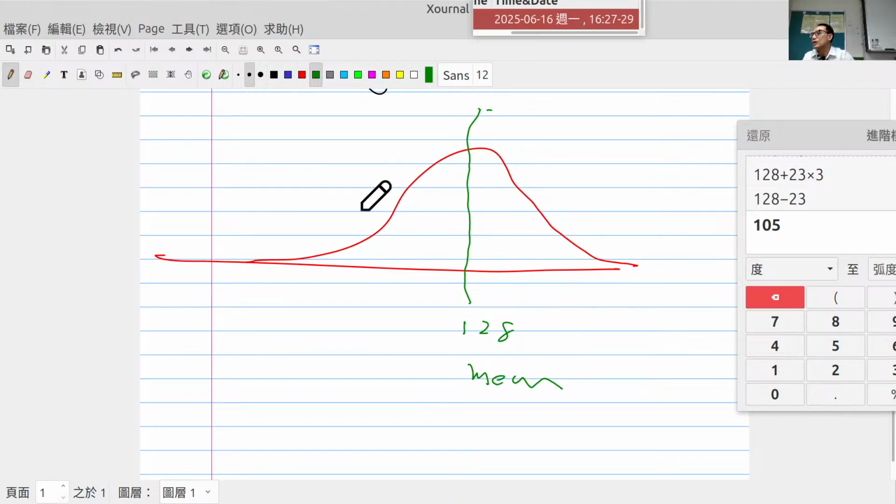And now we want to know, assume this one is 125 and how about this one? The black one. This one, oh sorry.